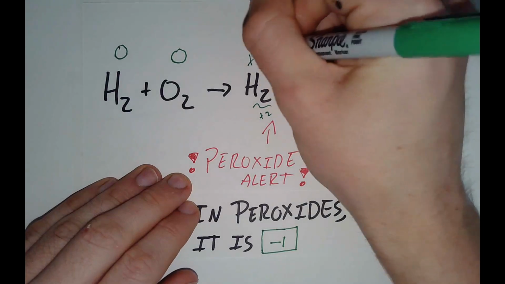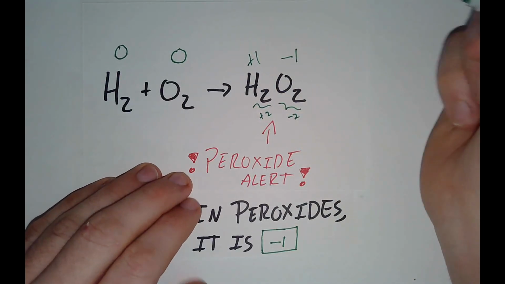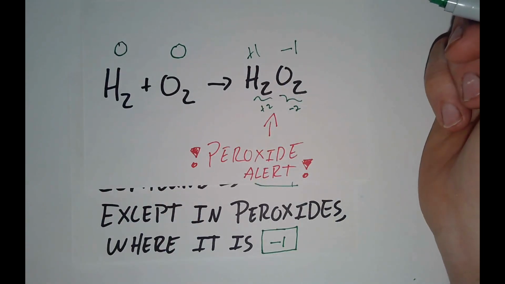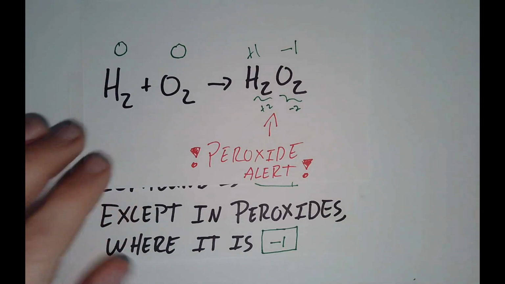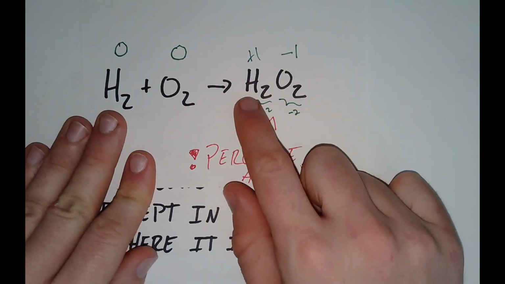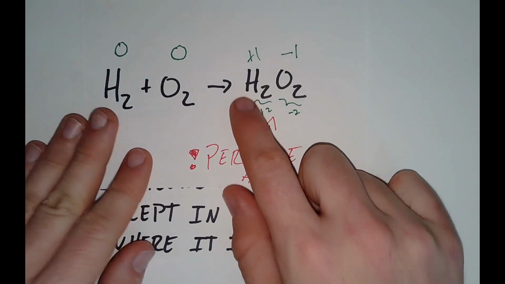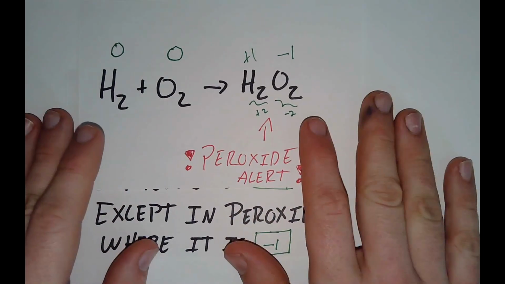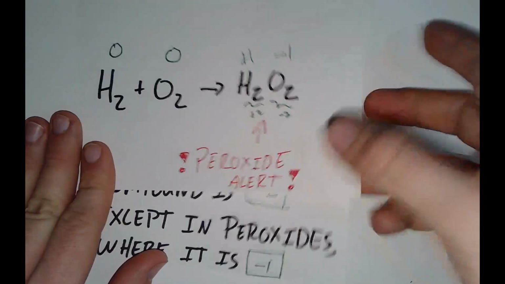Which means each of these has to be a plus 1. But that makes sense because hydrogen's often plus 1. You see how oxygen's going to make your life easier? If you know oxygen, you can kind of work backwards from it. So let's add a rule to our notes really fast.